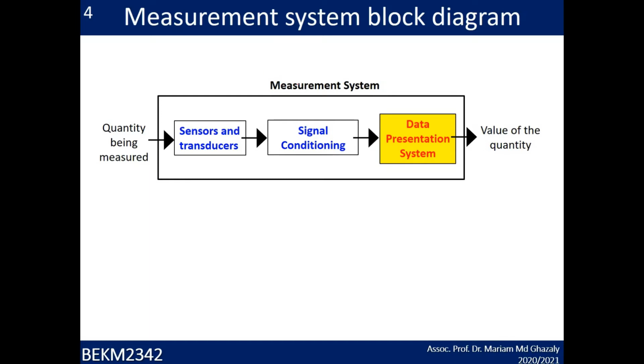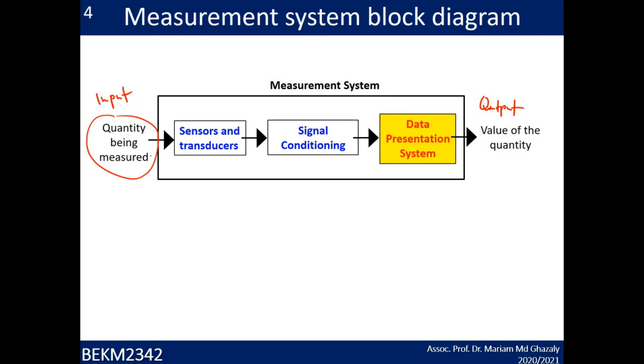As mentioned, in the measurement system, you will have the quantity being measured as the input, and you have the value of quantity as the output. The input is connected to the sensor and transducer.